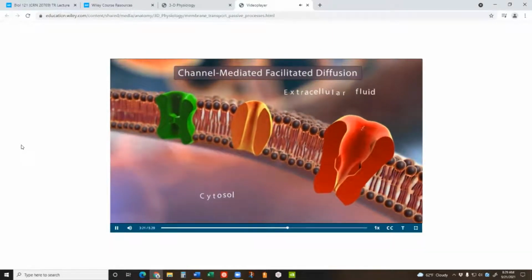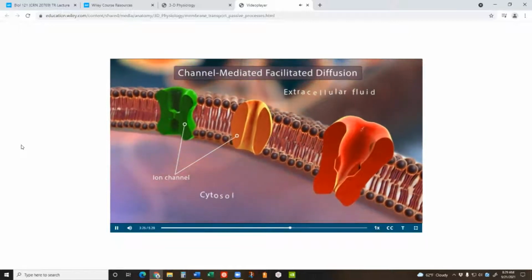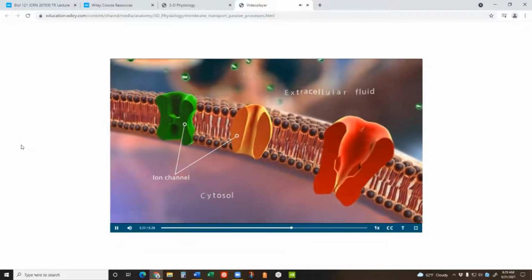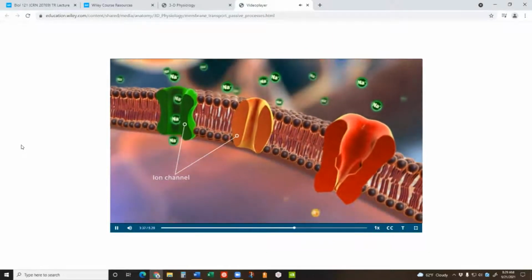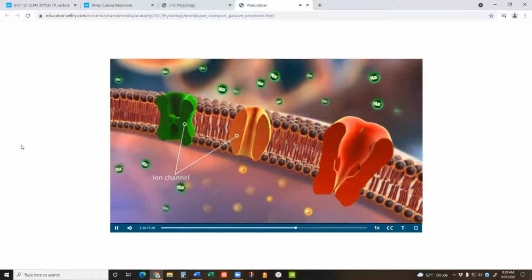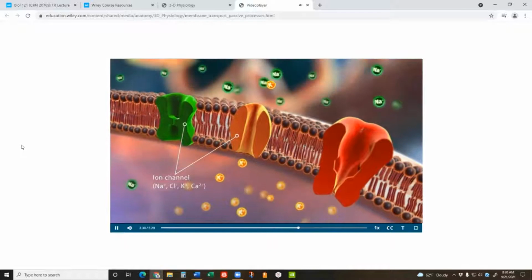Channel-mediated facilitated diffusion requires the presence of a tube-shaped ion channel across the plasma membrane. Each channel is selective, allowing only certain ions to pass through. Common ion channels allow passage of sodium, chloride, potassium, or calcium ions.